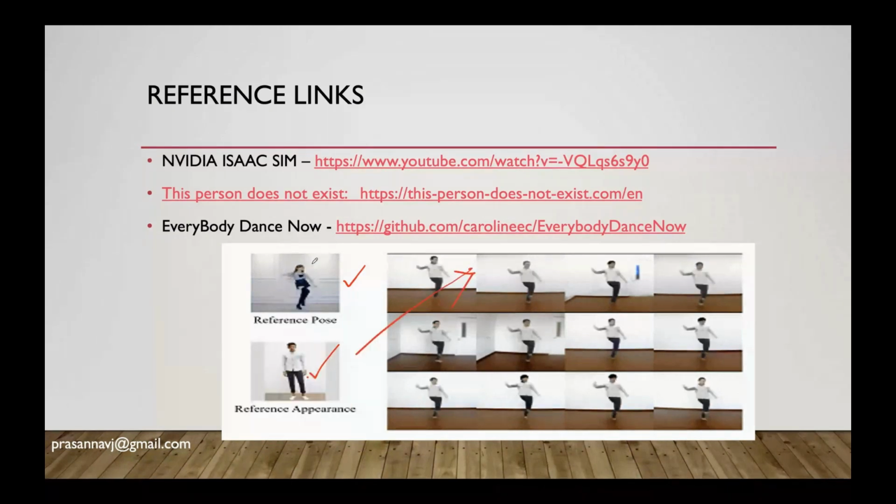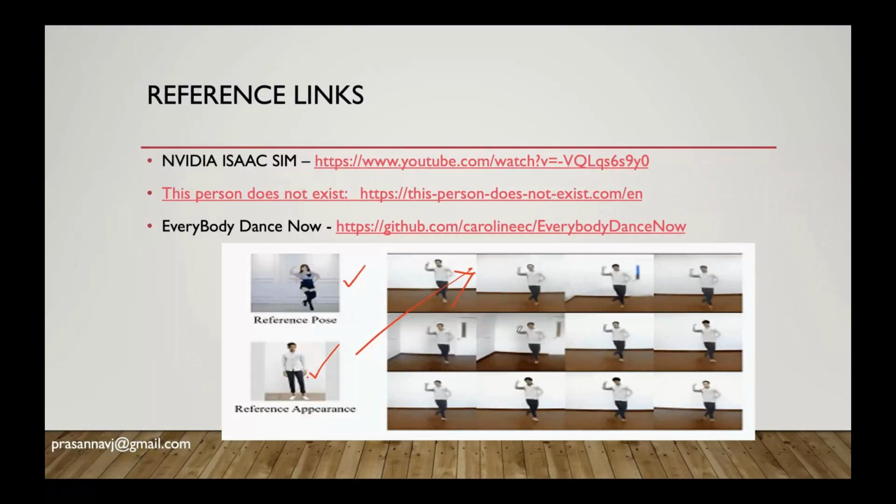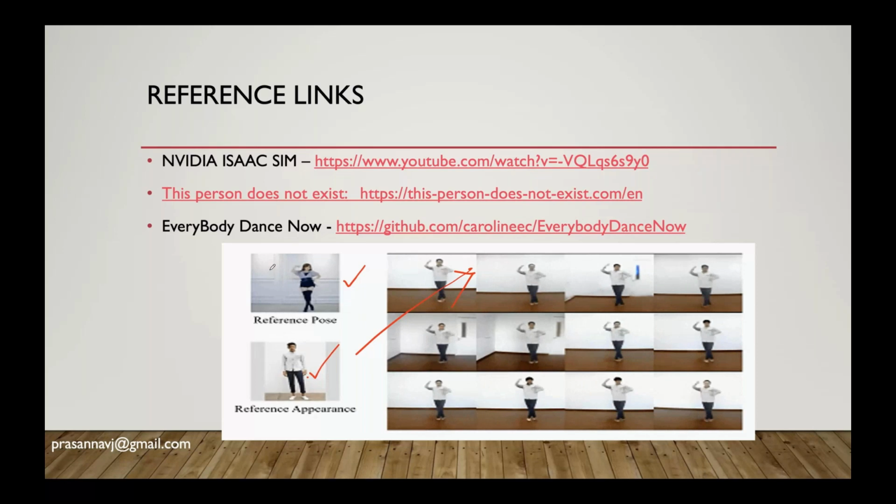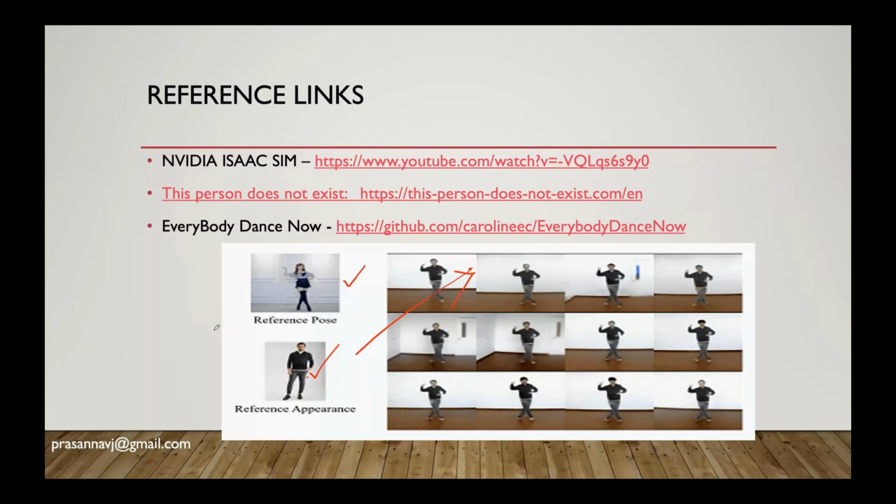As the reference appears, anybody can be made to look as if they are dancing. So this is the beauty of how GANs help in video processing and image processing. And these are some of the reference links that help to understand how it is done.